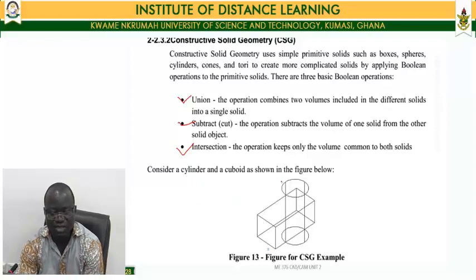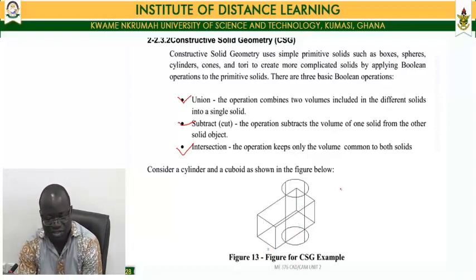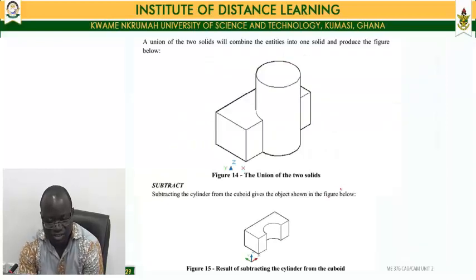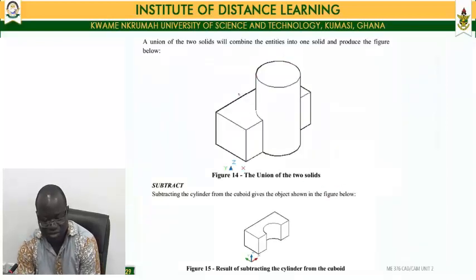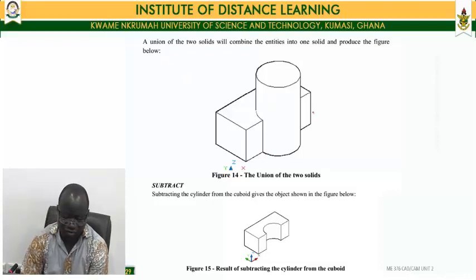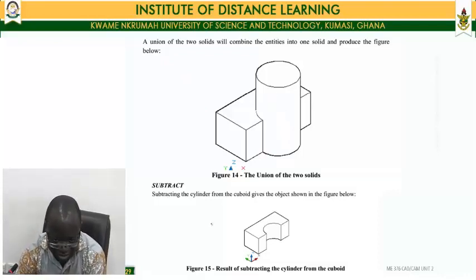Let's say if you apply union, you are going to get a cylinder and a cube united this way. If you apply subtraction, that you subtract the cylinder from the solid, then this is the shape that you're going to get.